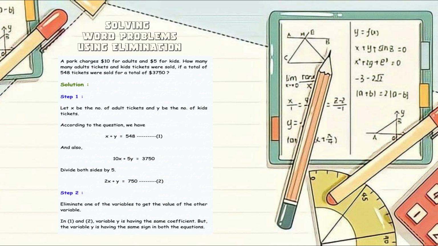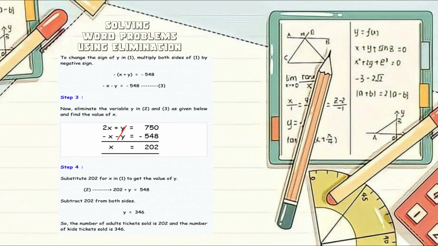10 divided by 5 is equals to 2. 5 divided by 5 is equals to 1. So we have 2x plus y is equals to 750. Step 2. Eliminate one of the variables to get the value of the other variable. In number 1 and 2, variable y is having the same coefficient, but the variable y is having the same sign in both the equations.